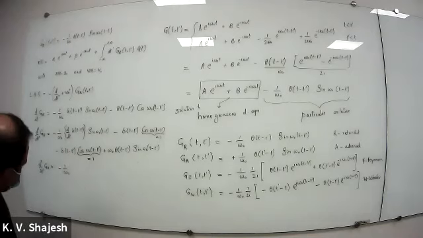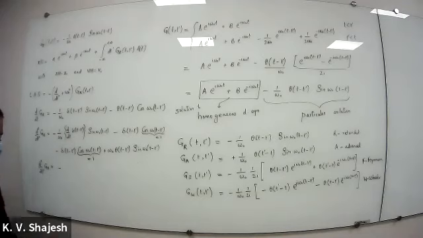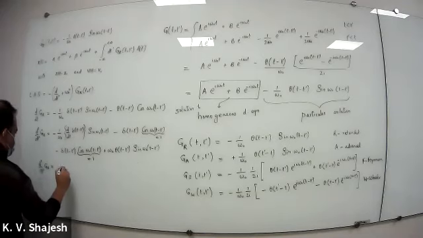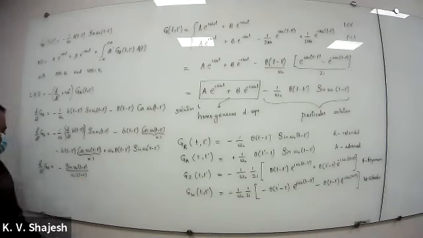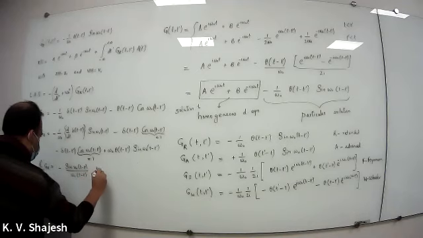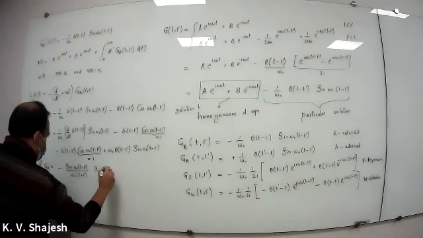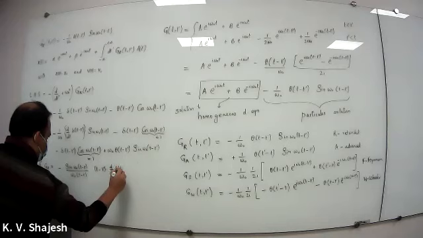Let me write that as sine omega naught (t minus t prime) divided by omega naught times (t minus t prime), and then multiply it with the t minus t prime times derivative of t minus t prime.